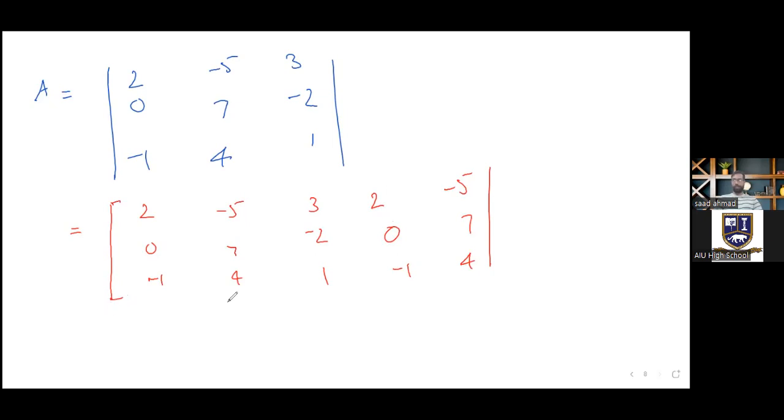It's not a determinant now. We were trying to find the determinant, but we wrote it like this. So we repeated the first and the third column.